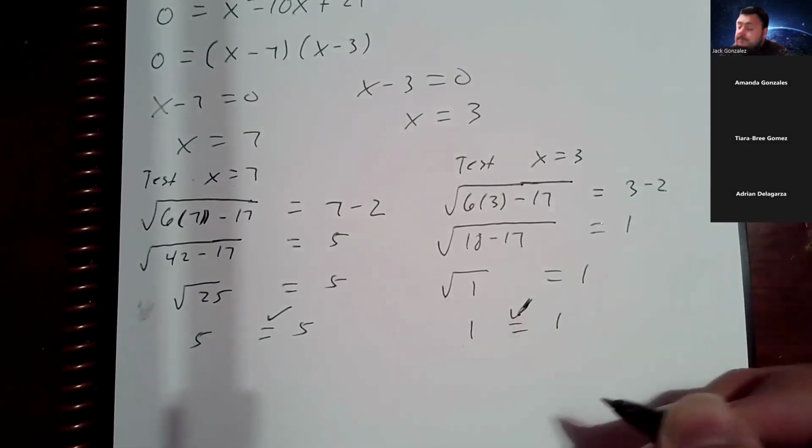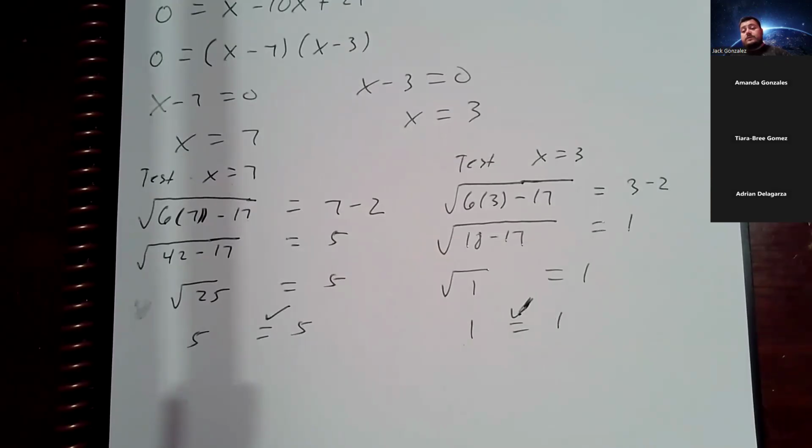Yeah, it looks like we're good. So both solutions work, so you would type in both, but you have to test them because it's possible that they're both fake answers and neither one works. That happens. Or just one works sometimes.